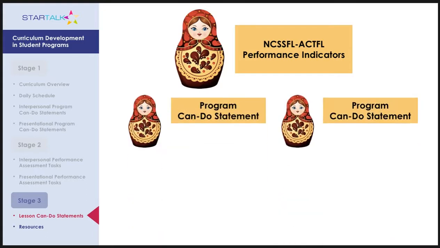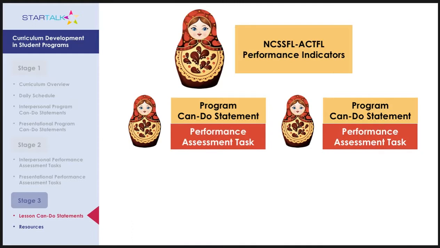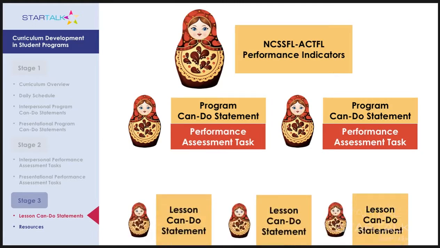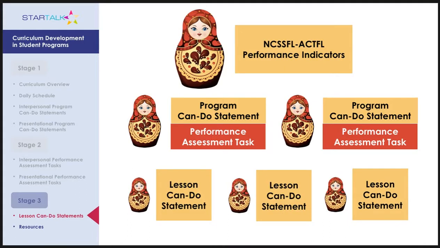The next tier represents the program's can-do statements also developed in Stage 1 and the performance assessment tasks that were created in Stage 2. Finally, the smallest dolls represent each of the lesson can-do statements that will be needed for students to be successful when doing the assessment tasks.